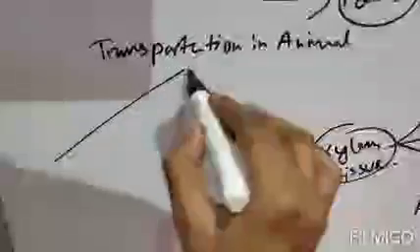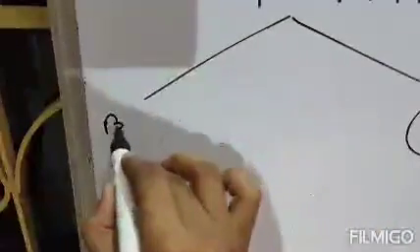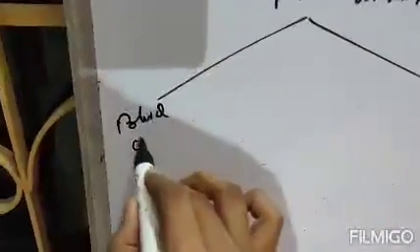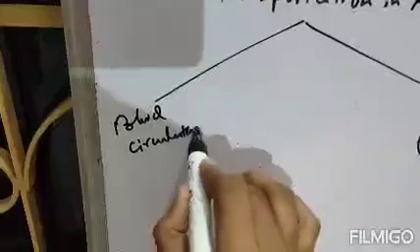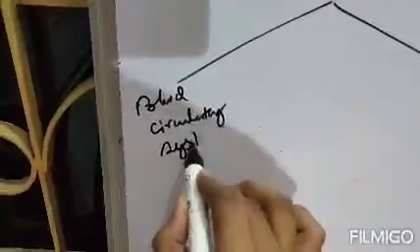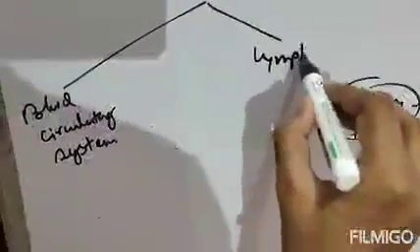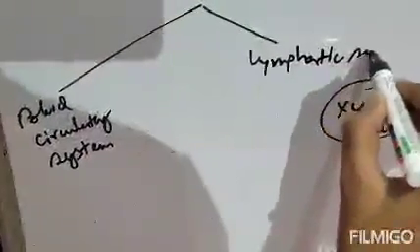One is the blood circulatory system, and the other one is the lymphatic system. Now, there are three parts in the blood circulatory system.